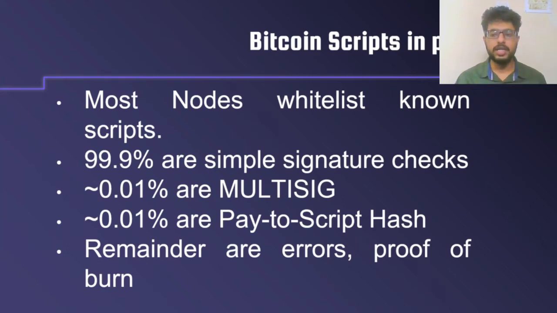There are a few other things that have some use. So there's multisig that gets used a little bit, and there is a special type of script called pay to script hash, which also gets used a little bit.